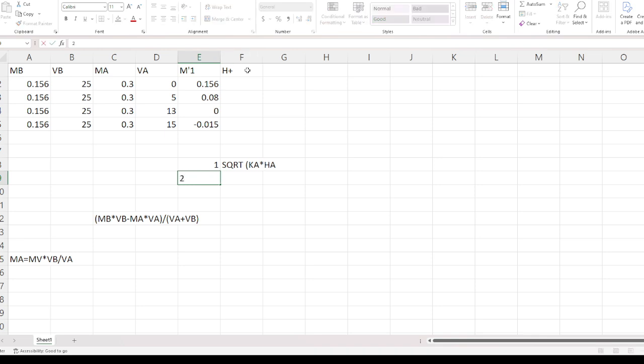Situation 2, it's going to be essentially, we can just say Ka times M prime over the limiting reactant, which would be Mb times Vb.